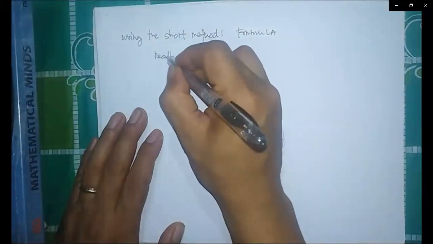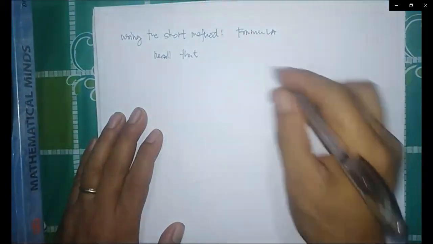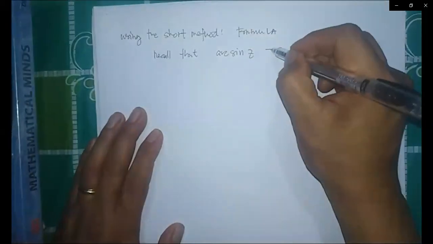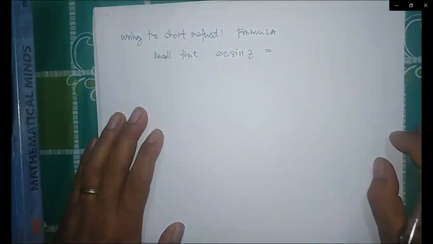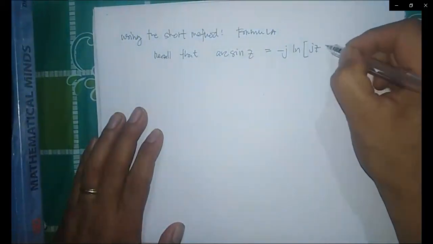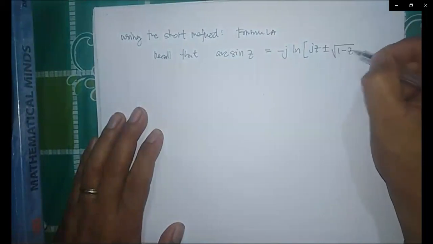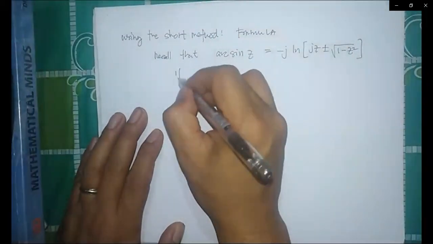If you can still recall, the arcsine of z is simply minus j ln of jz plus and minus square root of 1 minus z squared. That's the value of the arcsine of z.